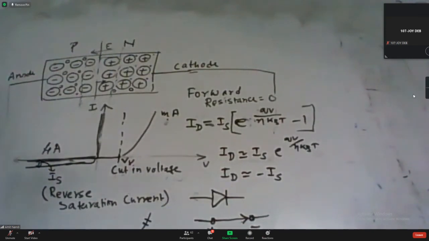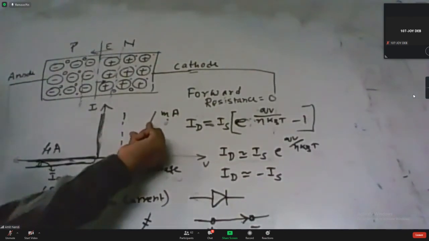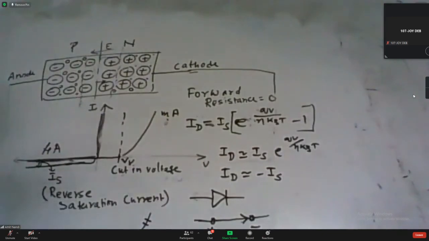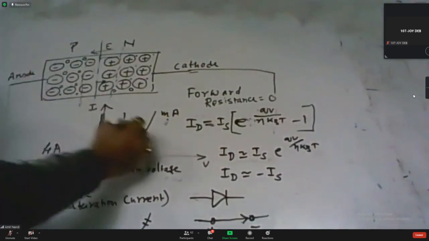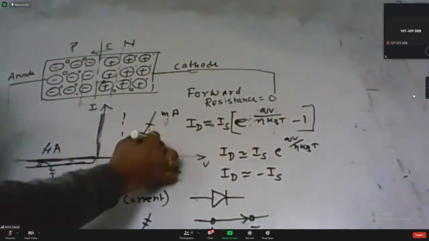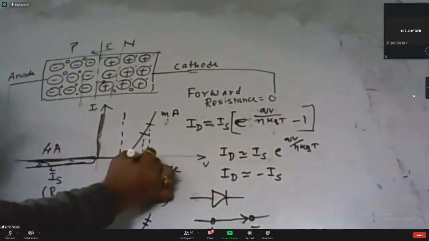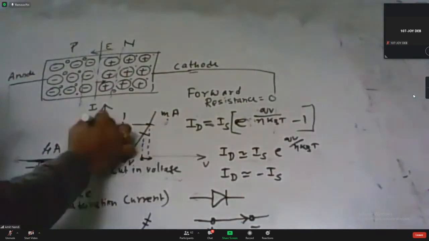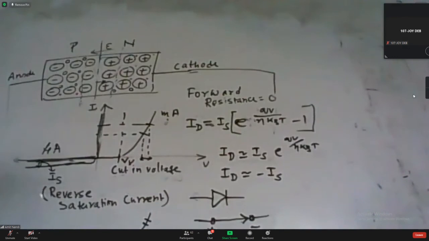In a nonlinear element, the resistor is not present, but we can consider a small region of these characteristics as linear, and from this small region we can calculate the change in voltage and change in current, from which we can calculate the incremental resistance of the diode.